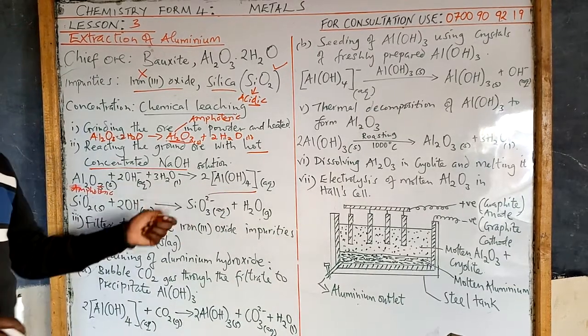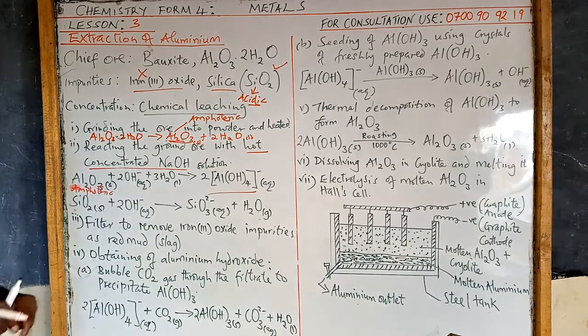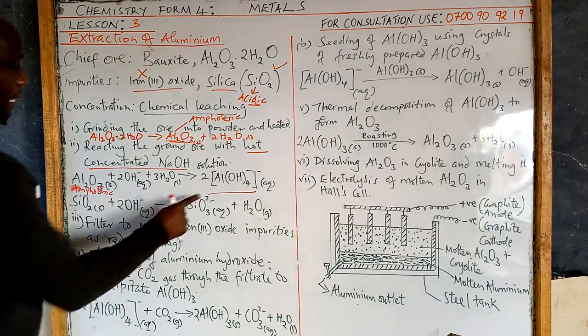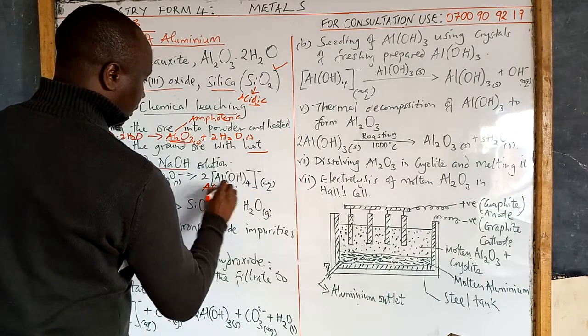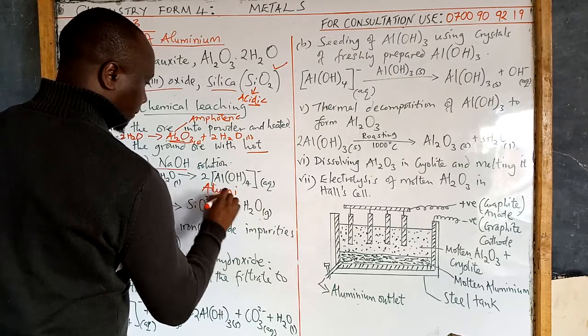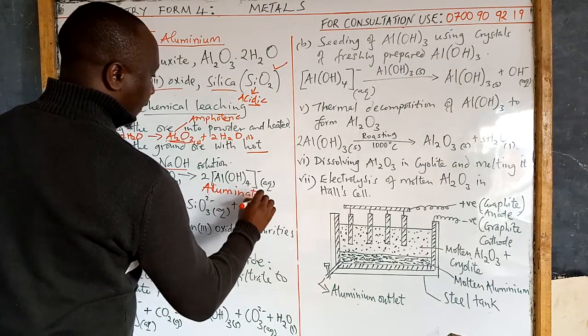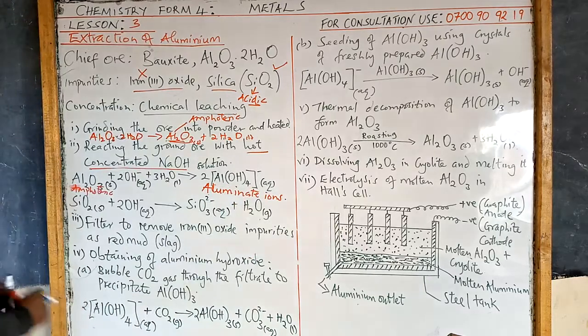This is the ionic equation. So what we are remaining with here, this is what we call the aluminate ions.